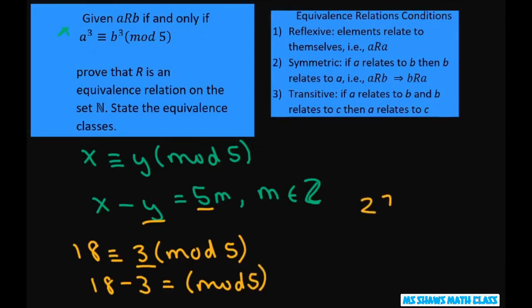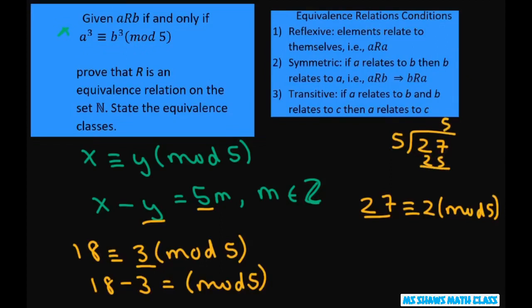Another one, 27 is equivalent to 2 mod 5. So if you divide 27 by 5, just doing this longhand, 5 goes into 27 5 times with 2 remainder, and that's it.